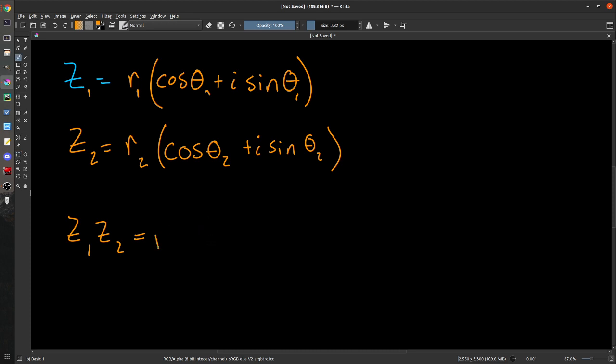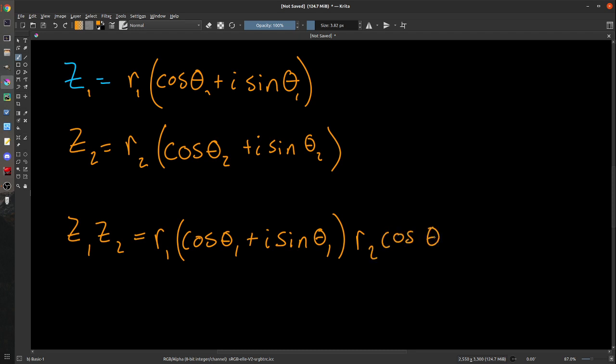I must have my hotkeys configured wrong. So r1 cosine theta 1 plus i sine theta 1, times r2 cosine theta 2 plus i sine theta 2. All right, if we're going to actually multiply everything out, it's not too bad.